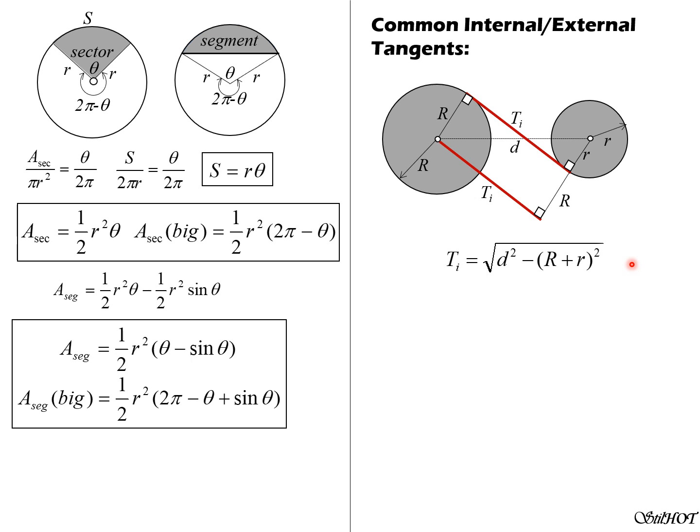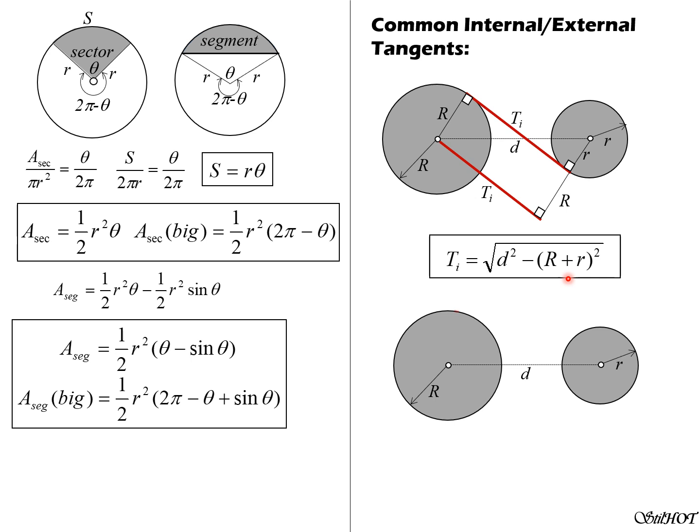You don't need to memorize it. You just draw a figure, then you can analyze it if the common internal tangent is asked. Likewise, for the common external tangent, we have another circle. We have an external tangent perpendicular to the respective radii, big R and small r. Then we draw a line equal to T sub E through the center of the smaller circle, perpendicular to the radius of the bigger circle. So that is T sub E also.